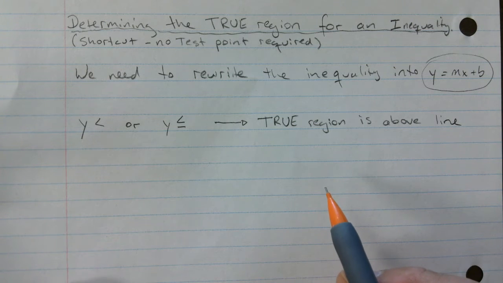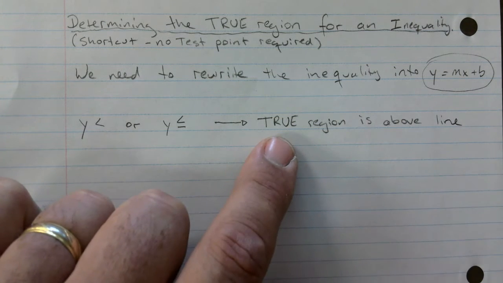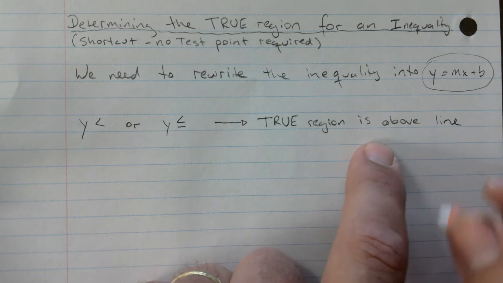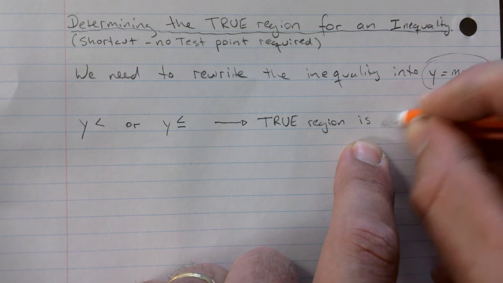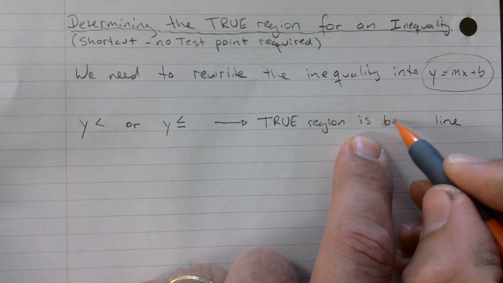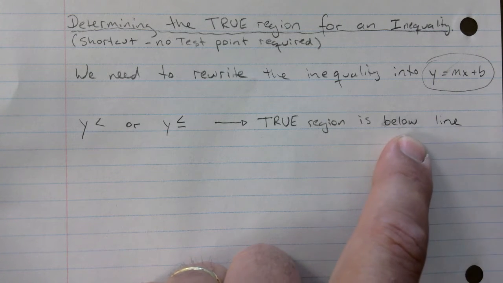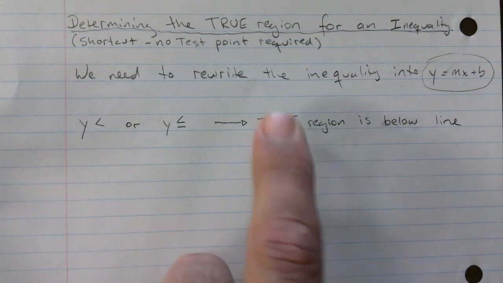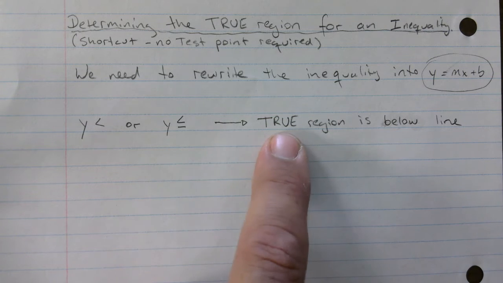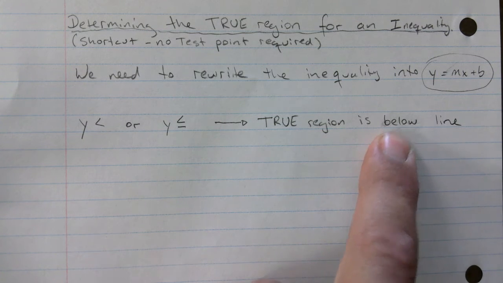Sorry, I'm looking at my notes and I'm doing it backwards. Is below. Can we change the above to below? My bad. I apologize. That's what happens when you go off script. Okay. So the true region is below. So if it's less than, then the true region is below the line.